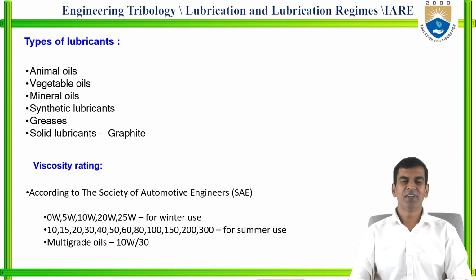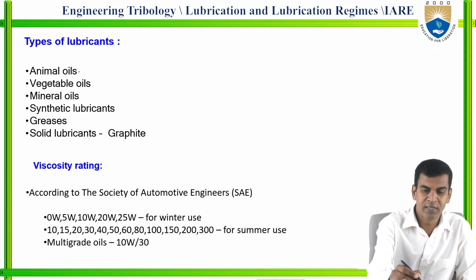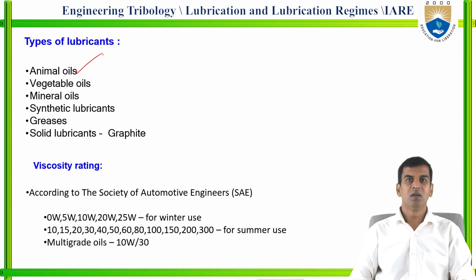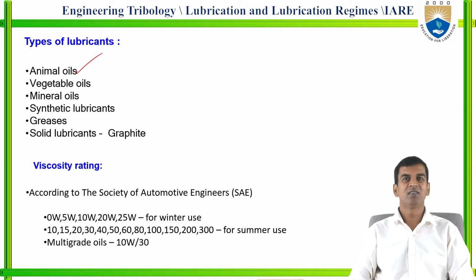Now you can see the various types of lubricants: animal oils, vegetable oils, mineral oils, synthetic lubricants, grease, and solid lubricants such as graphite. There are many types of lubricant. Some are available in nature, and some are synthetic.